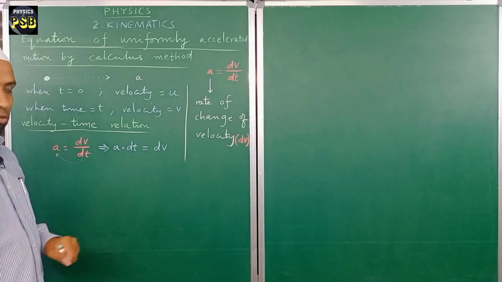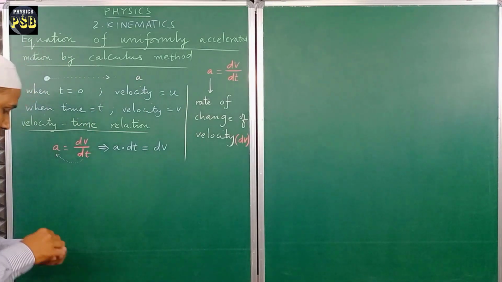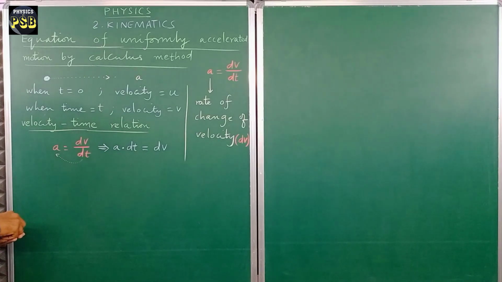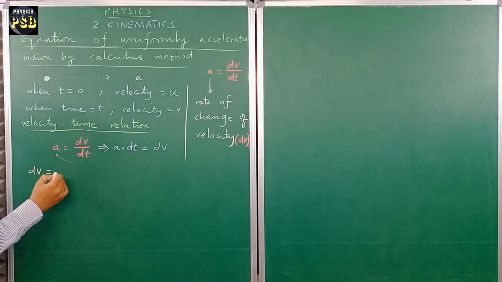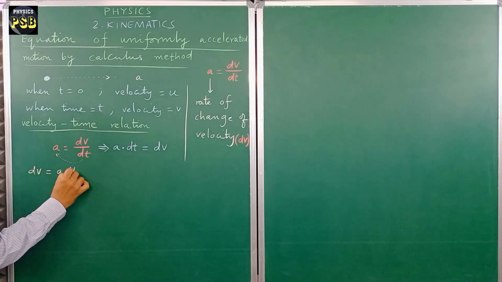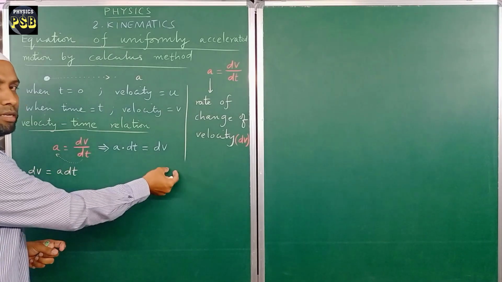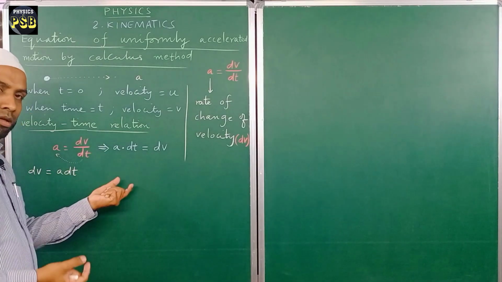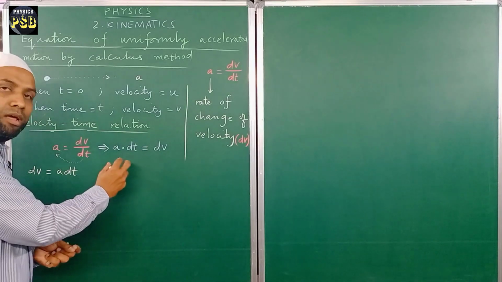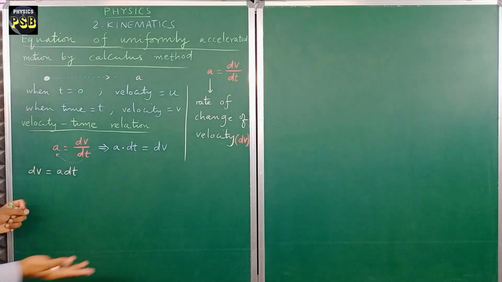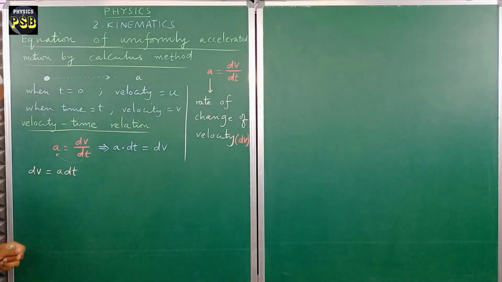Now I rearrange it and write it as dv equals a dt. I have taken the term on the right hand side to the left and the term on the left hand side to the right. That's not going to make any difference here.